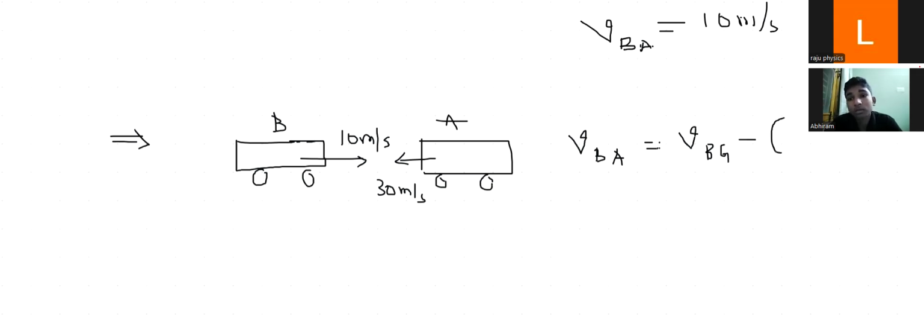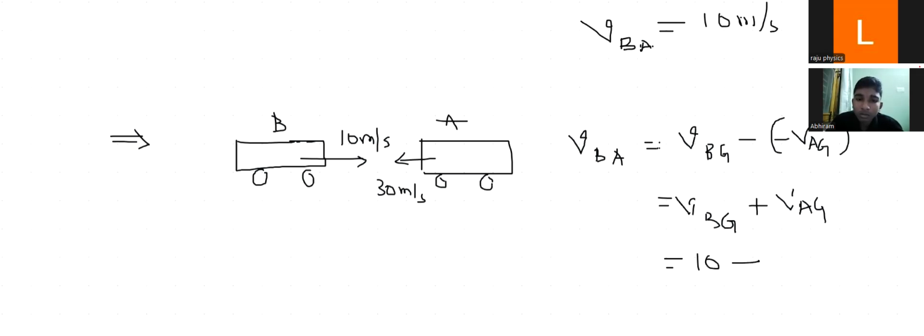So now you take minus VAG. This becomes VBG minus into minus plus VAG. Here VBG is 10 plus 30. Now you'll get 40 meters per second.